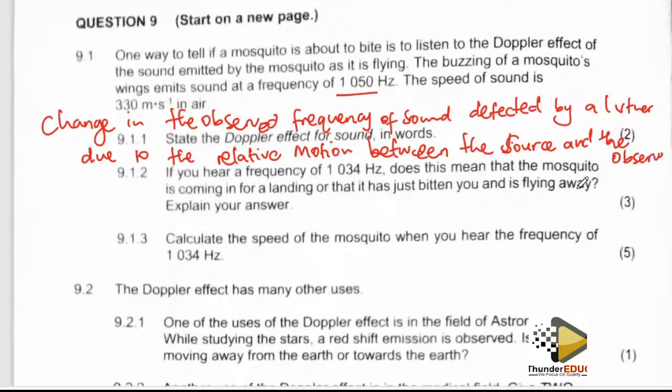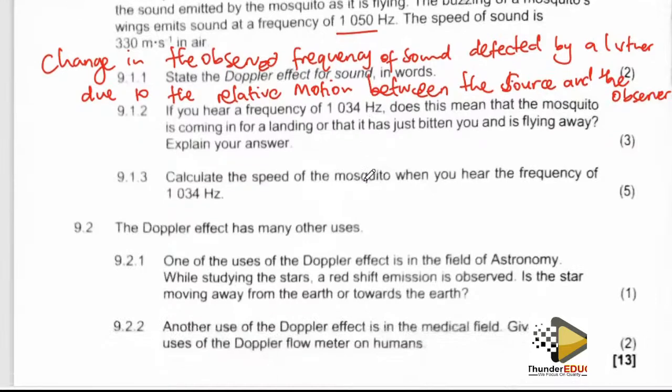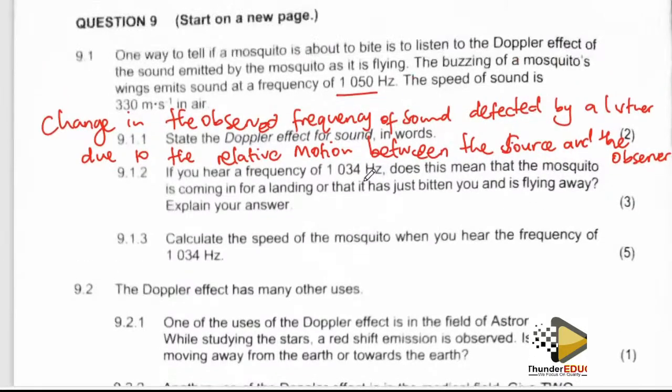Okay, so that change, either the listener is just stationary or is moving or whatever the condition might be. They're telling us that if you hear a frequency of 1034 hertz, remember the mosquito emits a frequency of 1050.